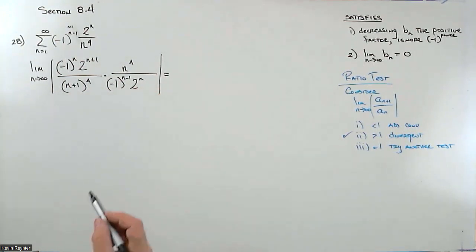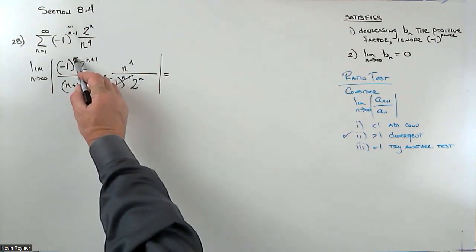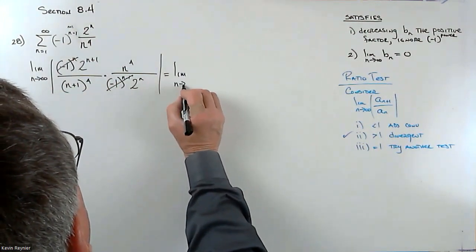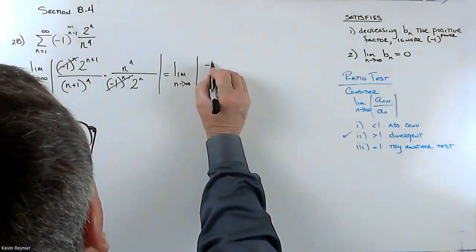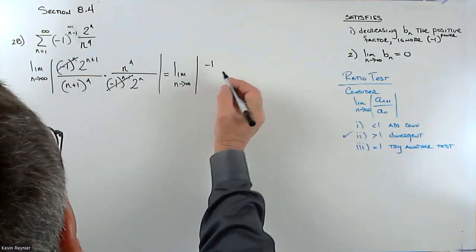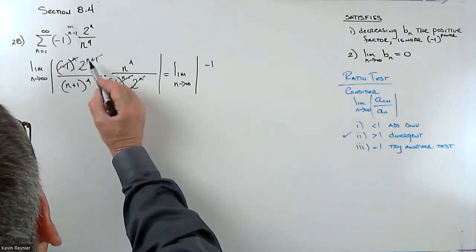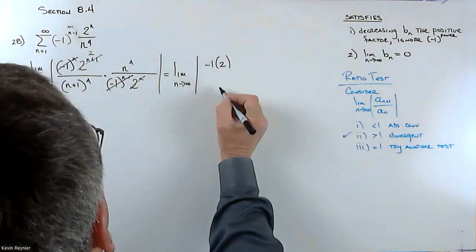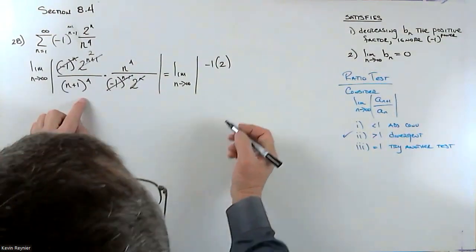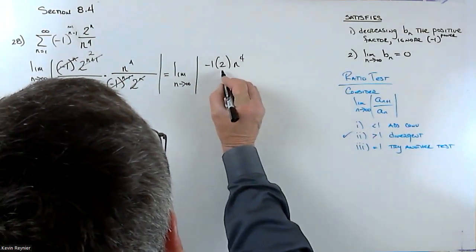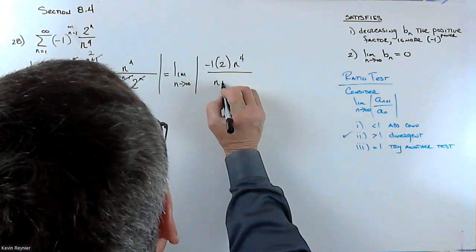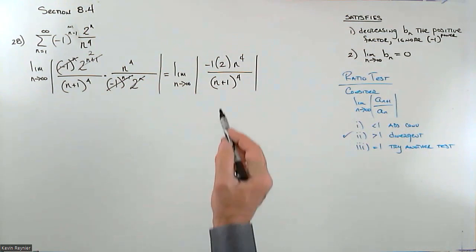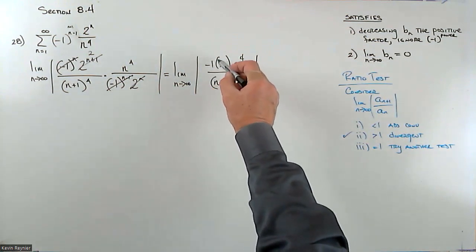Now, when we do this and this, it gives us a negative 1. Here we have 2 to the n, 2 to the n plus 1. That leaves us just at 2. And here we have n to the fourth, and down here we have n plus 1 to the fourth. Now we can bring the negative 2 outside.